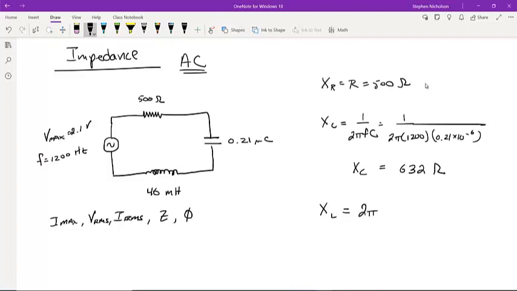The inductive reactance is 2 pi f times L, where L is the inductance.